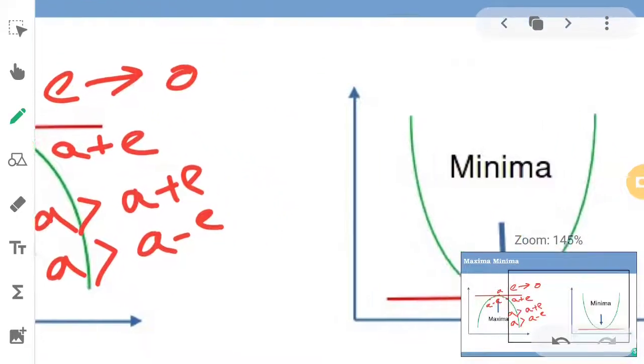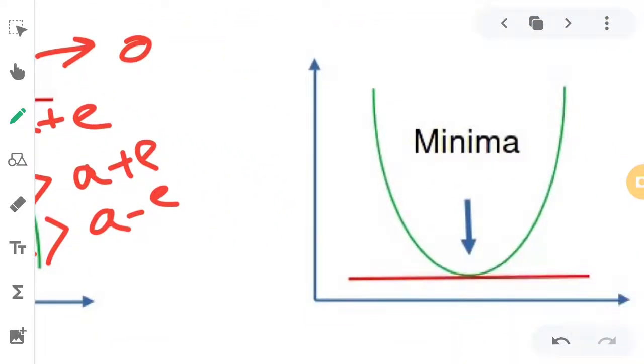To read it in more detail and clearly, view my blog, link in description.